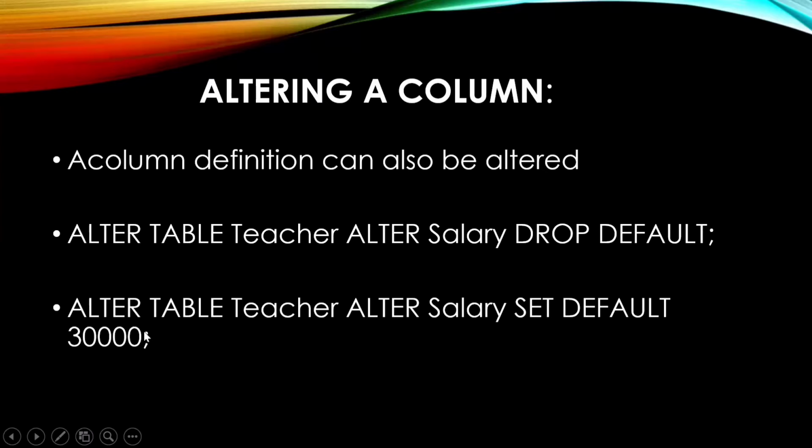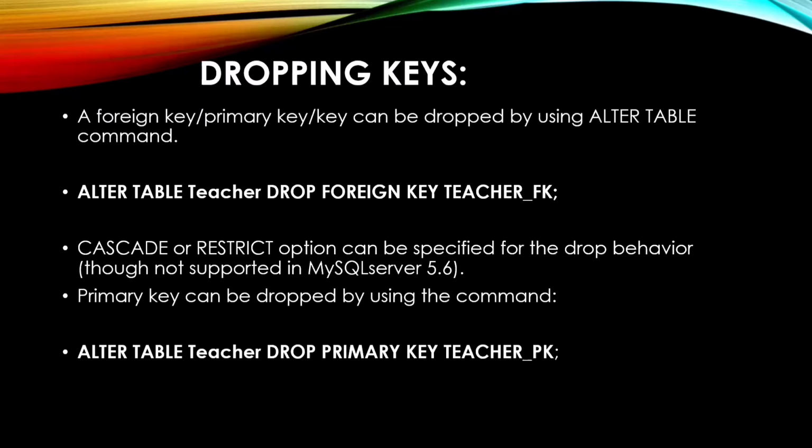Value is what? 30,000. Before, the default value was 40,000. Again, you have to update a new value on that particular column. So first you have to drop the default constraint. After that you have to set the default value 30,000. So this way you can alter a table.